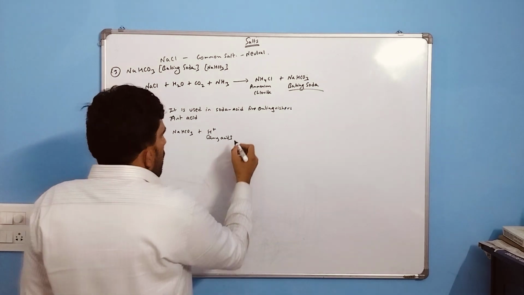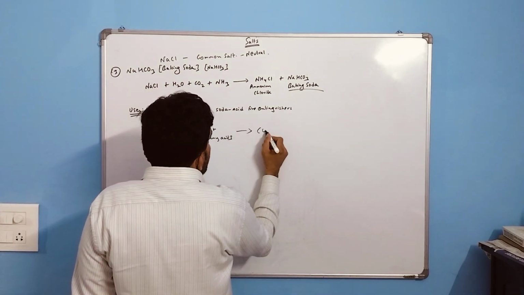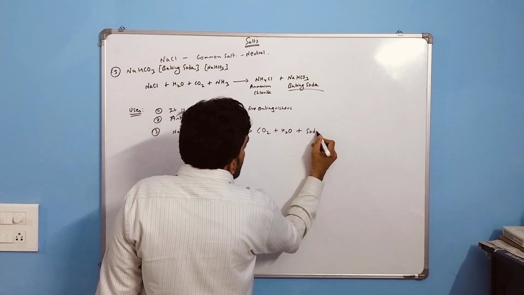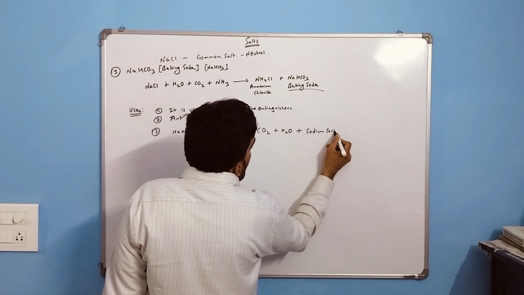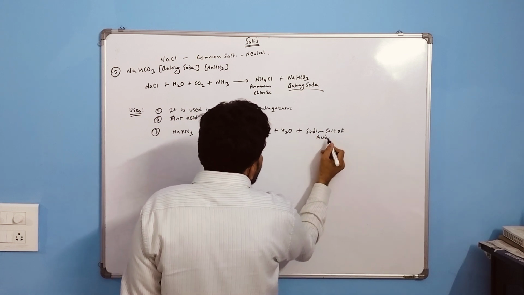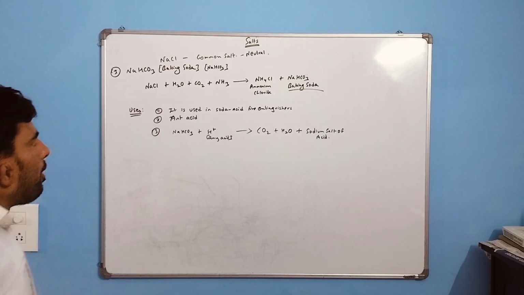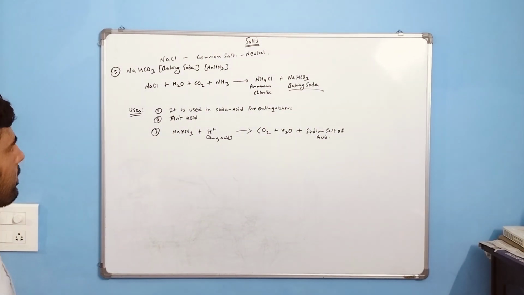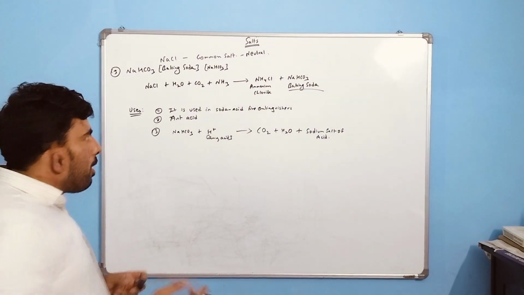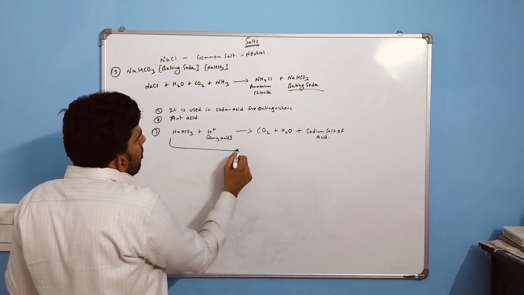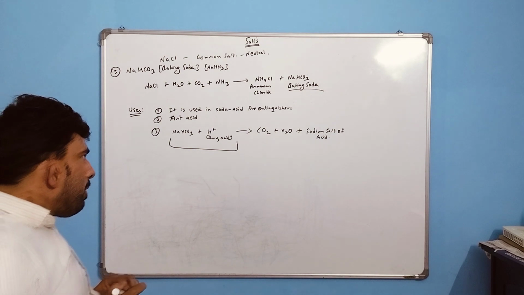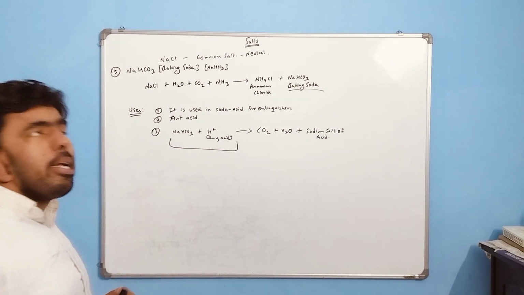We form CO2 plus water plus sodium salt of the acid. Okay, so that is how we make baking powder. Baking powder is a combination of both sodium hydrogen carbonate plus a mild edible acid, that is tartaric acid.